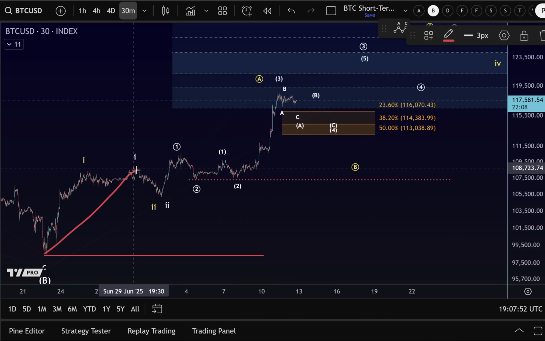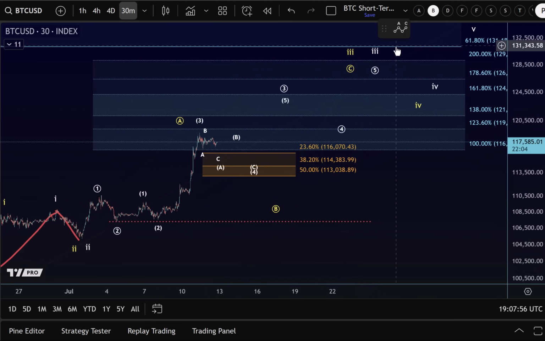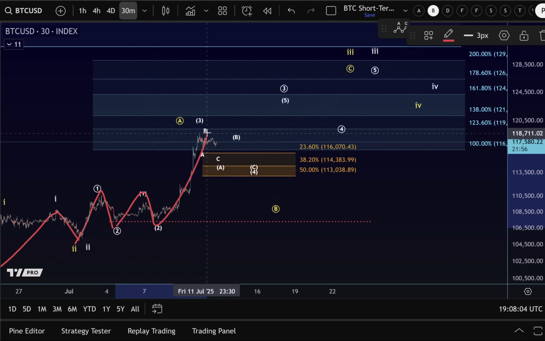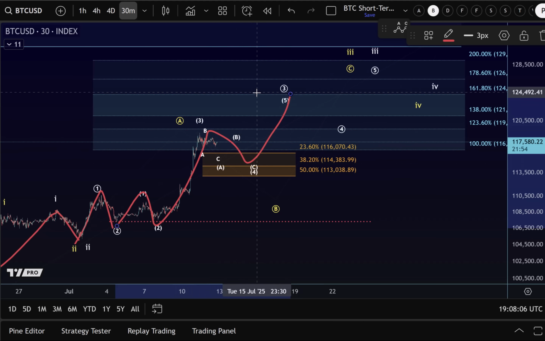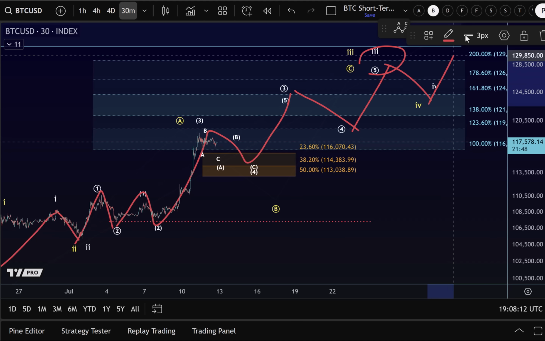So if we have a wave 1 here, then a wave 2 pullback, right? Now we could be in a 3rd wave rally, which again is a 5-wave move. 1, 2. 3rd wave is also a 5-wave move. 1, 2, 3, 4, 5. In circle wave 3. Then wave 4. Then wave 5 of the larger degree 3rd wave. Then a wave 4. Then a wave 5 can send us to 130K.